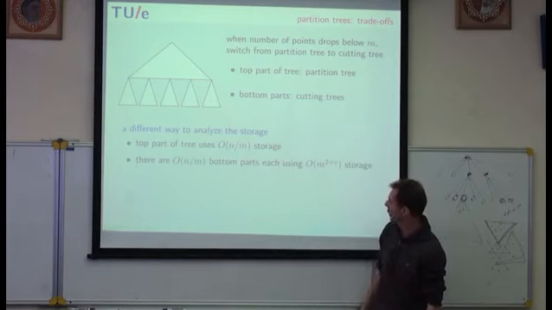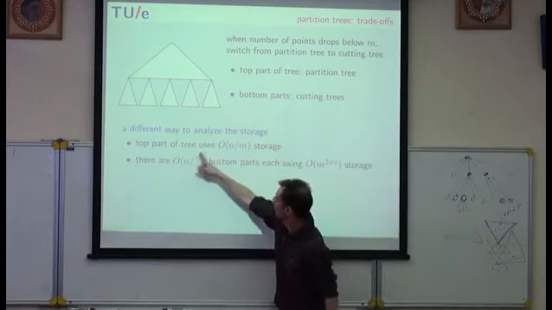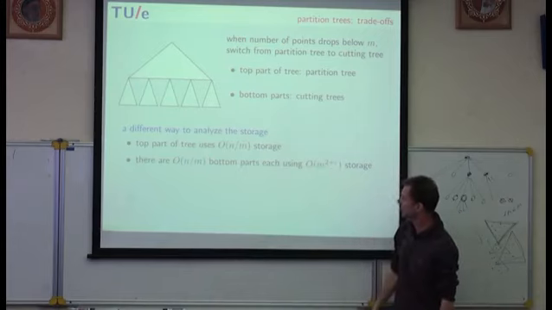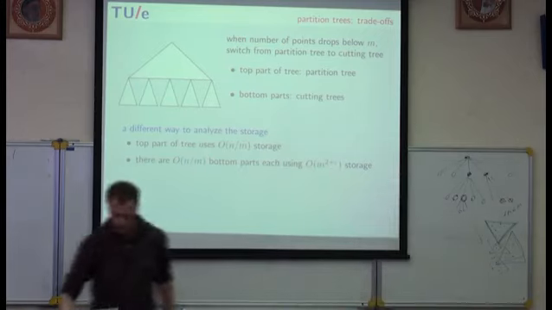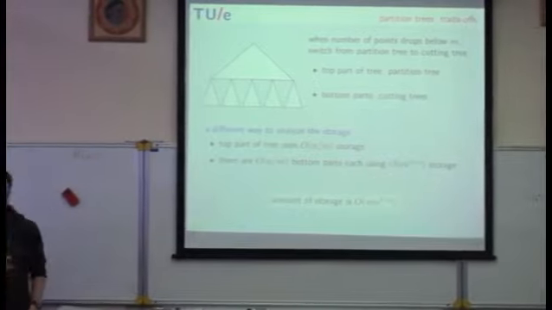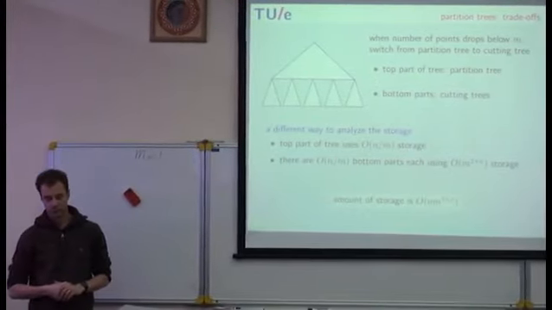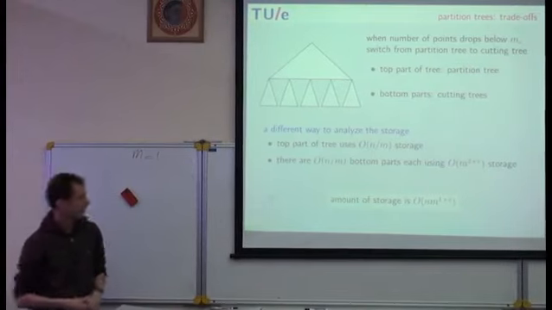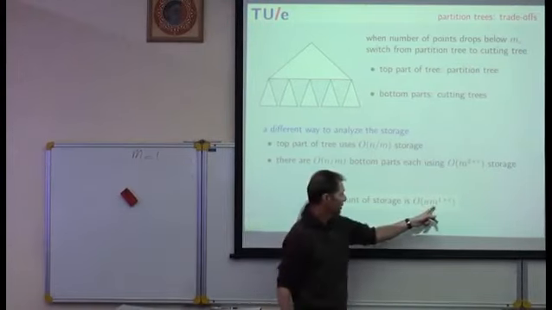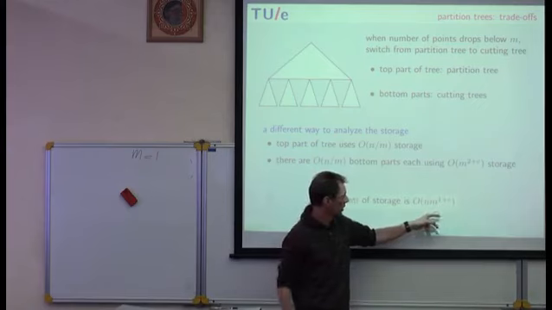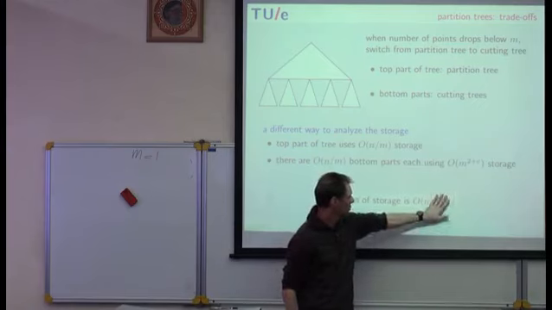So if I multiply, this is the number of these cutting trees, each one takes this amount of storage, so I simply get n times m to the 1 plus epsilon. And then indeed, when n equals m, this is n to the 2 plus epsilon, because you just have a single cutting tree on the whole point set, and when m equals 1, you simply get linear.